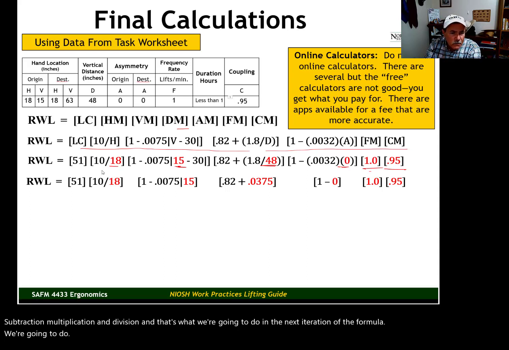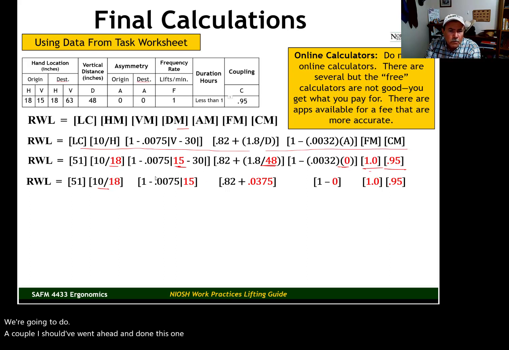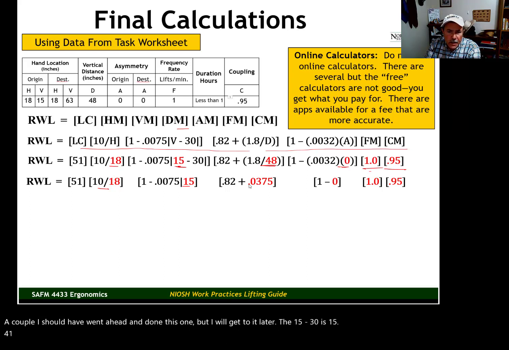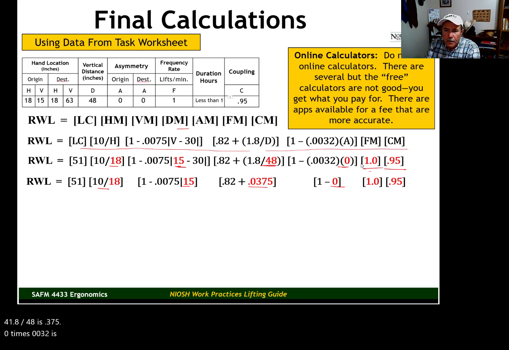I should have gone ahead and done this one, but we'll get to it later. 15 minus 30 is 15. 1.8 divided by 48 is 0.375. 0 times 0.0032 is 0. Then we just pull down our frequency and coupling multipliers.